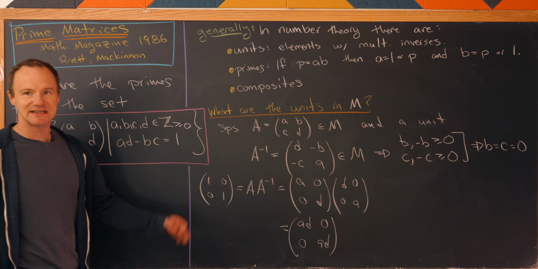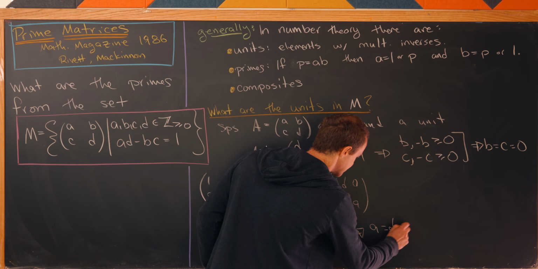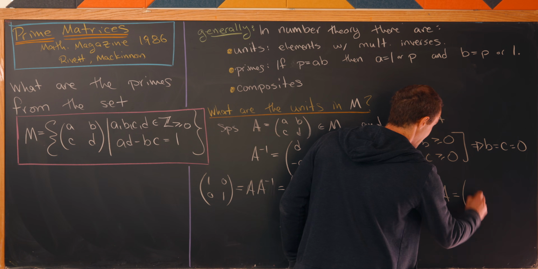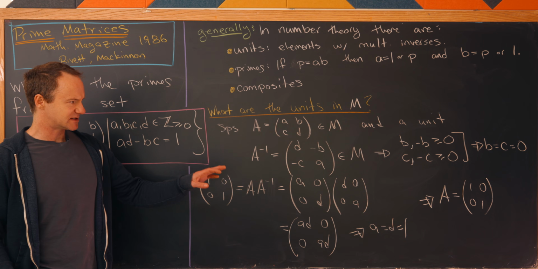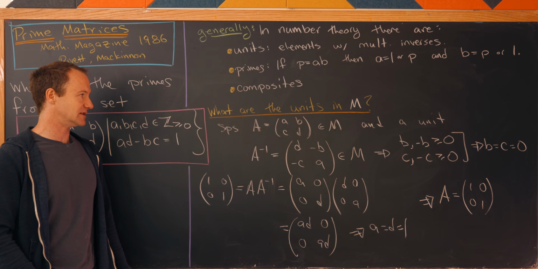But that means that AD is equal to 1, but that only occurs if A equals D equals 1, which implies that A is in fact equal to the identity matrix. So that means the only unit inside of M is in fact the identity matrix.